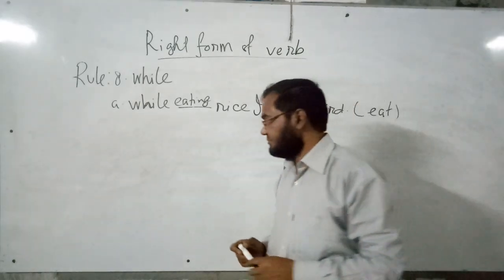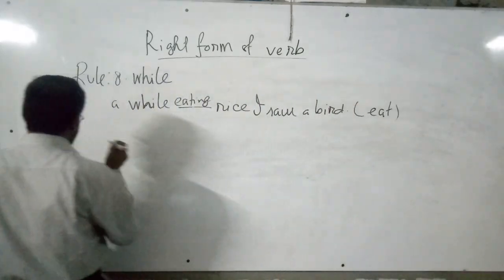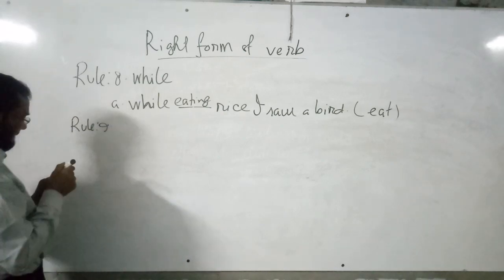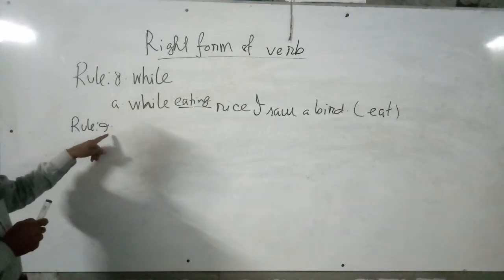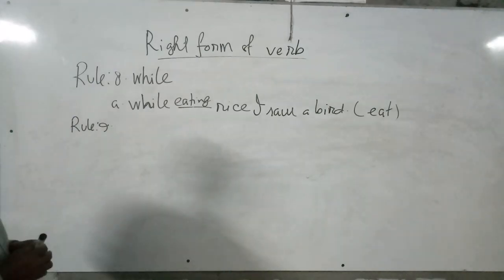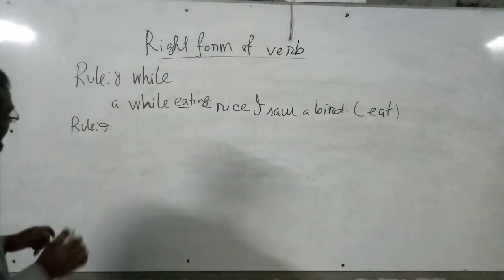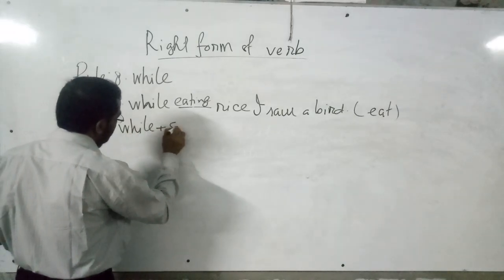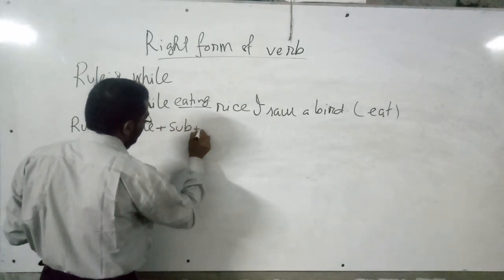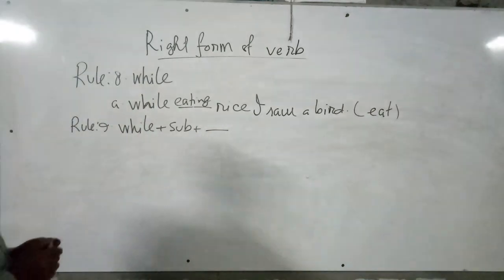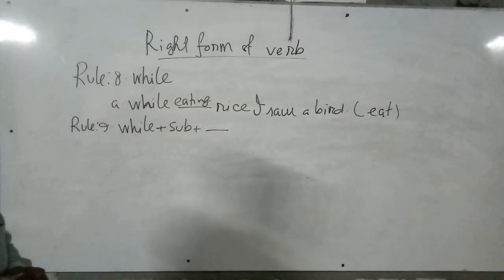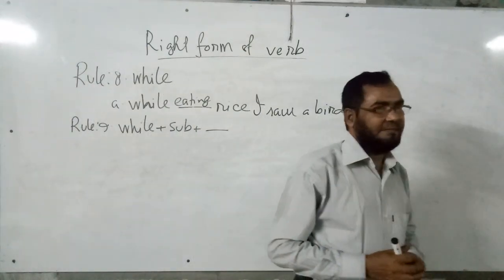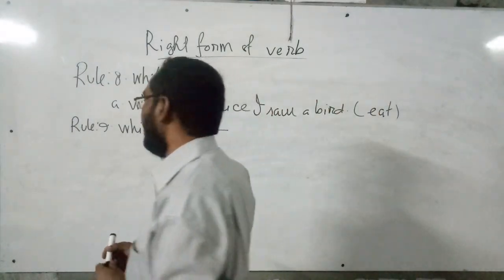Okay? Another rule: whenever you find the subject after the while, that is, while plus subject plus gap, in the gap you will use the past continuous form of the verb.